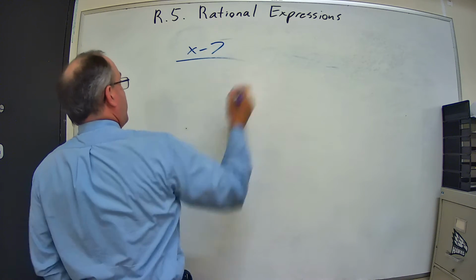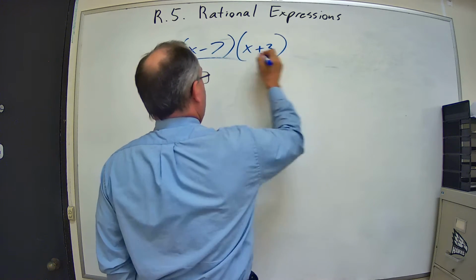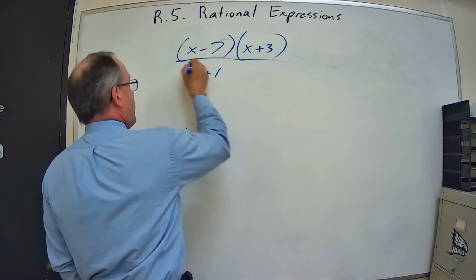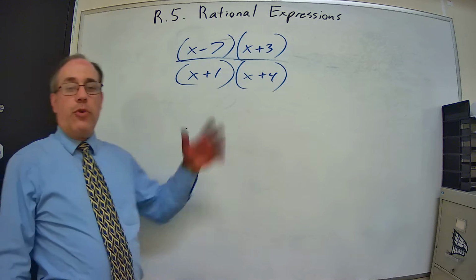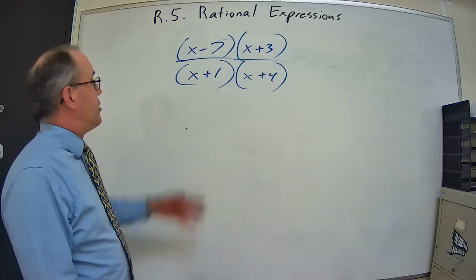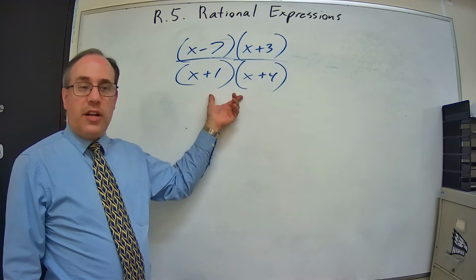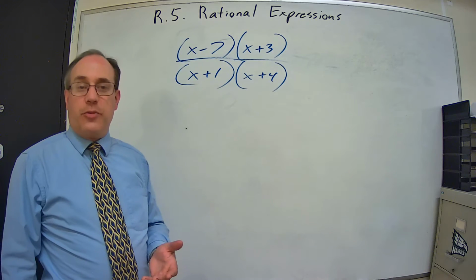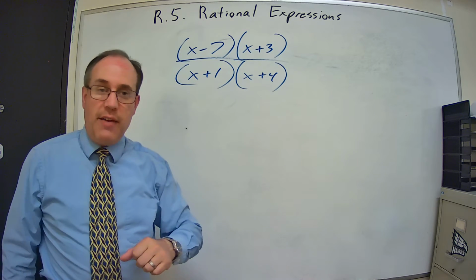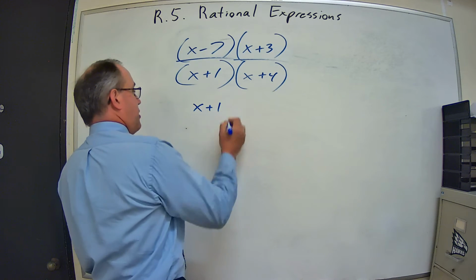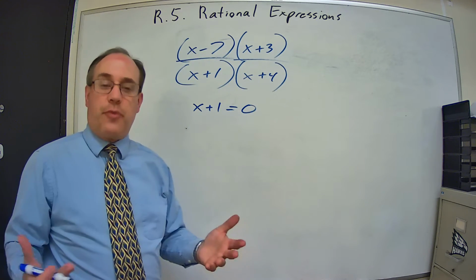x minus 7 times x plus 3 over x plus 1 times x plus 4. And we want to find the domain of this rational expression. Well, looking at this rational expression, remember, all that matters for the domain is what's going to cause this denominator to be equal to 0. Well, we have x plus 1 multiplied by x plus 4. So if x plus 1 is equal to 0, then our denominator is going to be 0 because of the zero factor property.